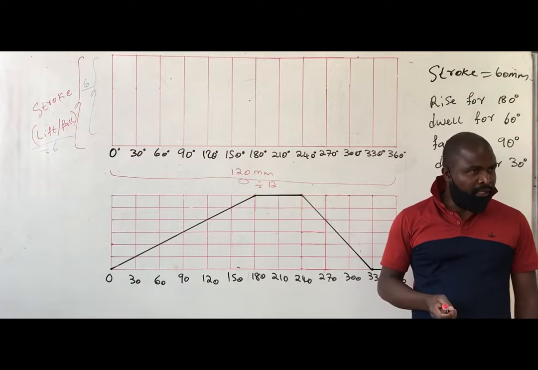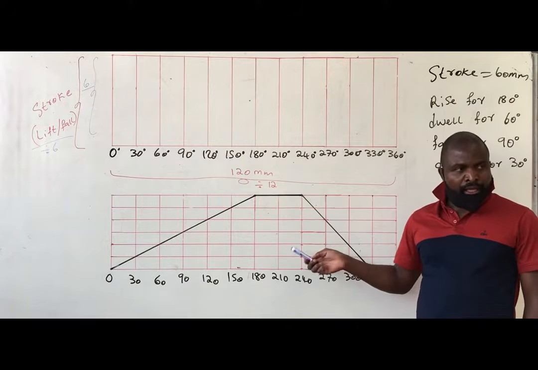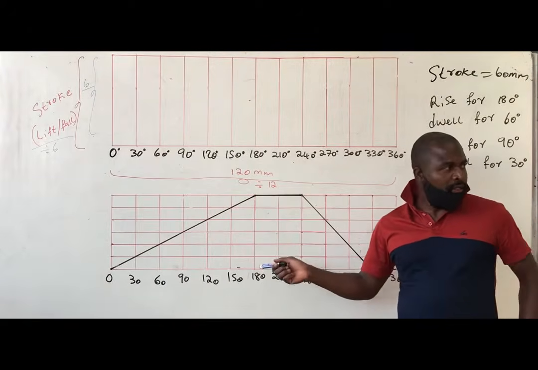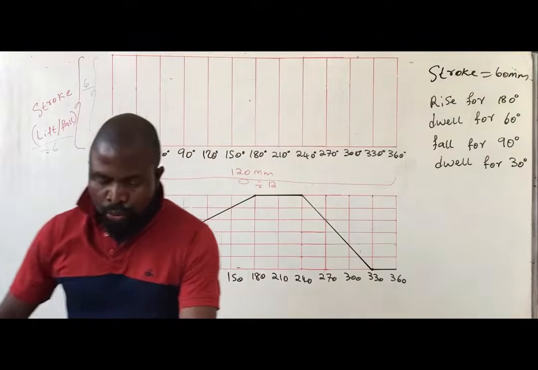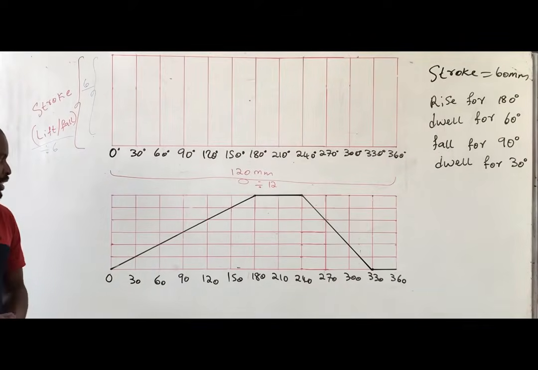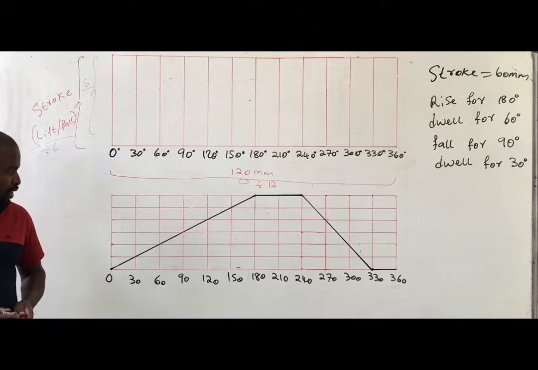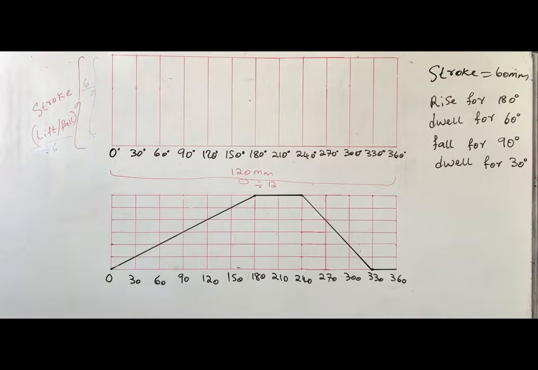It's not complete. It's only complete when you were drawing constant velocity. So now let us continue drawing a uniform acceleration on this one. So what do we do? We must now consider the rising.